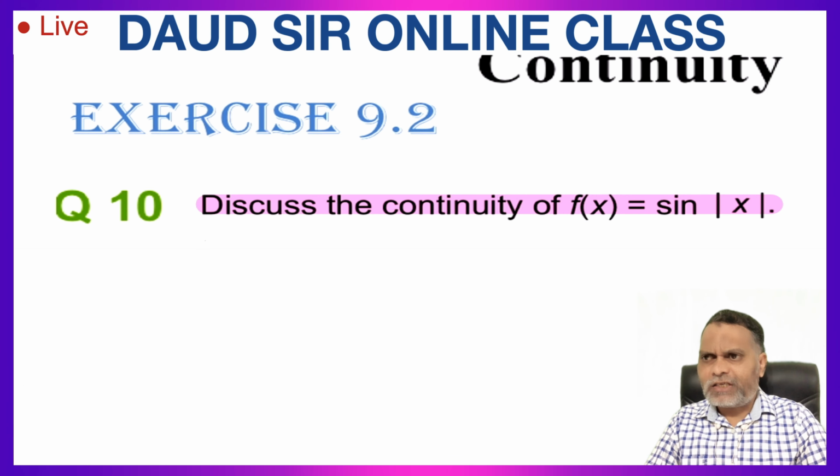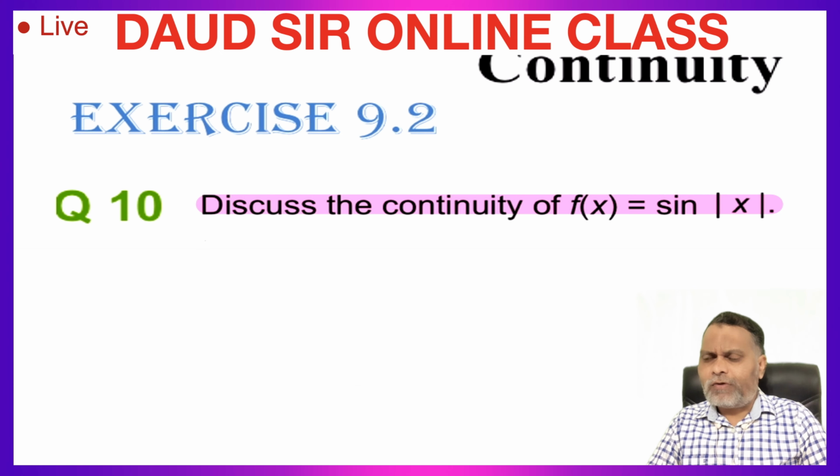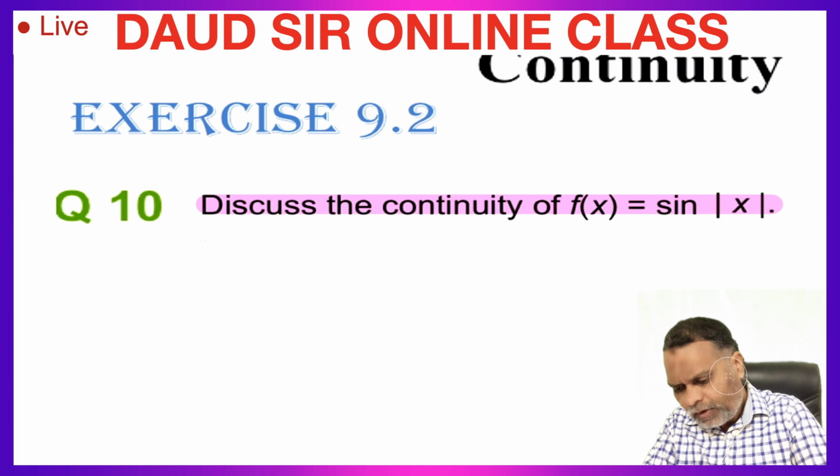Now first we will test the continuity at x is equal to 0. Then we can discuss the continuity for x greater than 0, then the continuity for x less than 0. If everywhere it is coming continuous, we can say the given function is continuous for all real values, otherwise not.